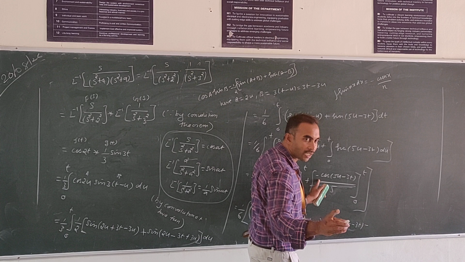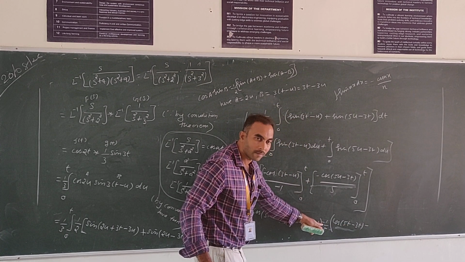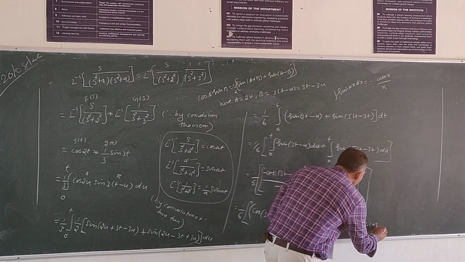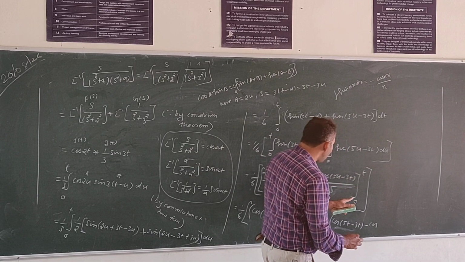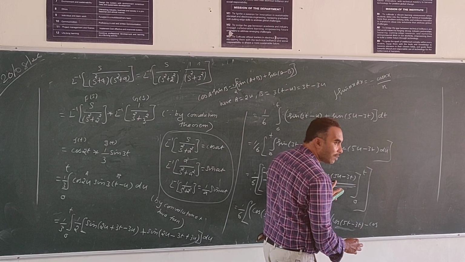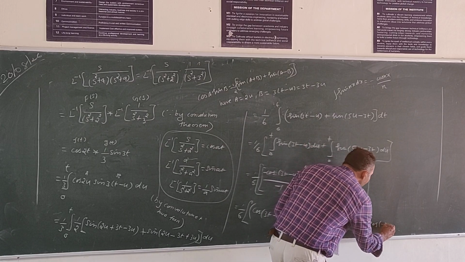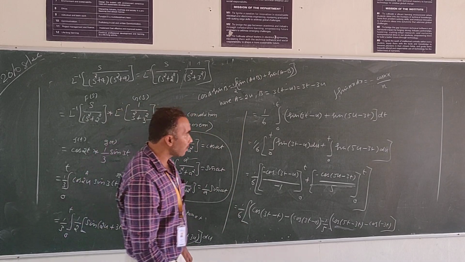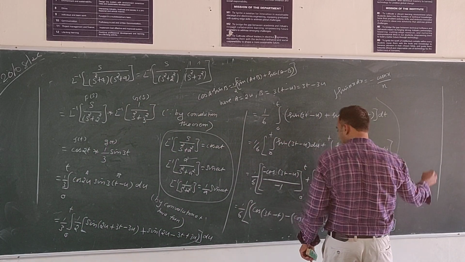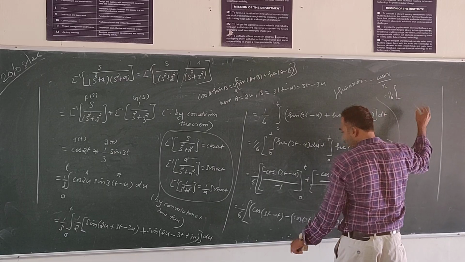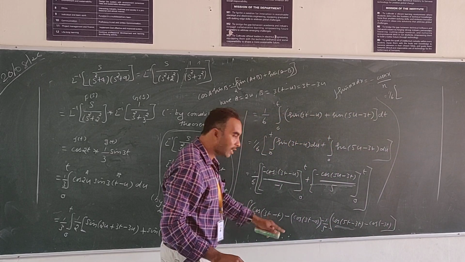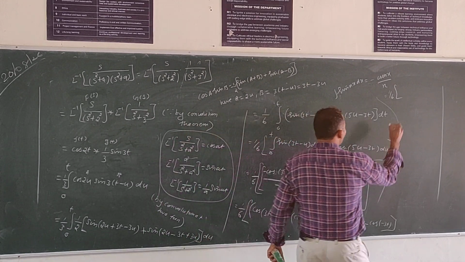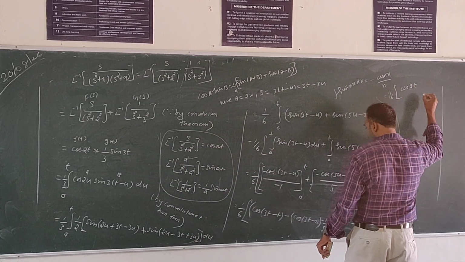Minus lower limit. Listen carefully. We have taken minus outside, and 1/5 outside. Minus cos, and instead of u we put 0, so this becomes cos(minus 3t). Next, 1/6 times: 3t minus t is 2t, so cos 2t.